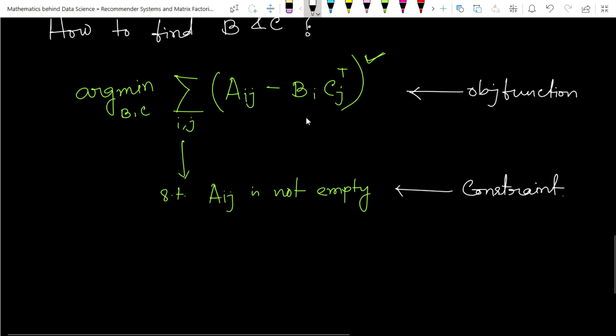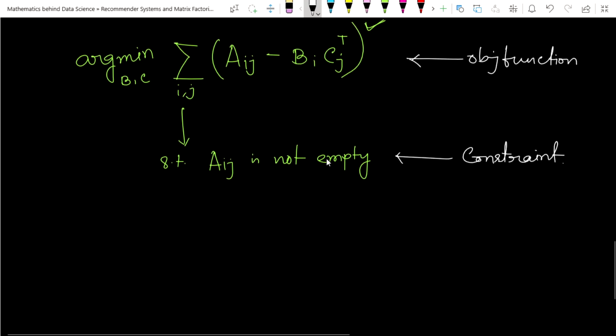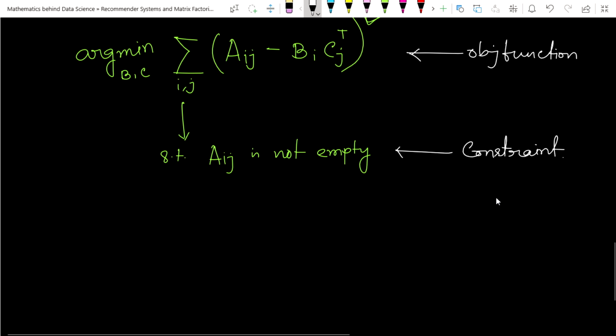If Aij minus Bi Cj gives 0, then everything is okay. At the end of the day, we have to find B and C that give output 0.